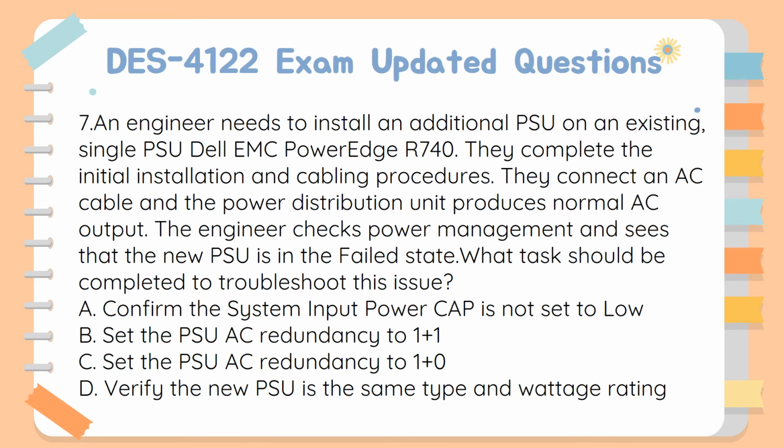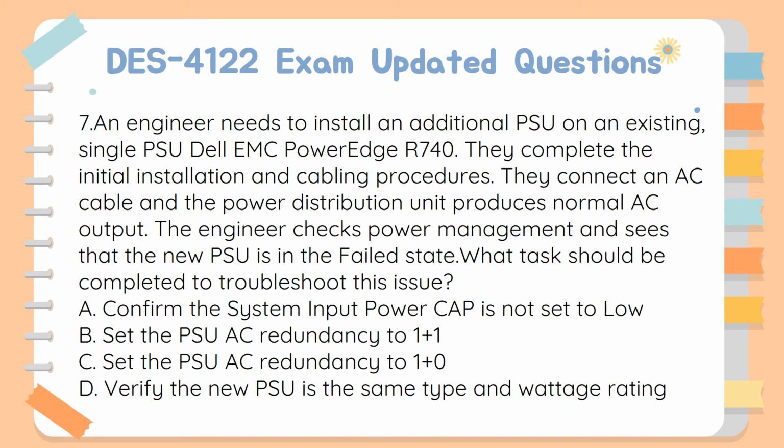7. An engineer needs to install an additional PSU on an existing single PSU Dell EMC PowerEdge R740. They complete the initial installation and cabling procedures. They connect an AC cable and the power distribution unit produces normal AC output. The engineer checks power management and sees that the new PSU is in the failed state.